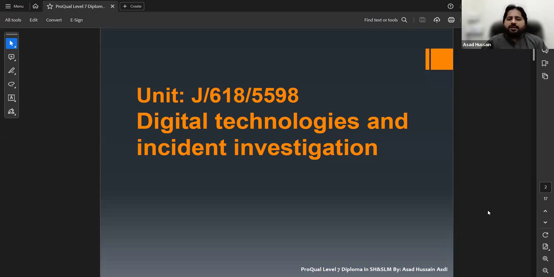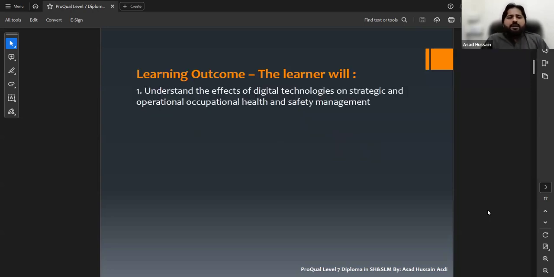each learning outcome. Moving forward, the first learning outcome, number one, is understand the effects of digital technologies on strategic and operational occupational health and safety management. As you know very well, this level 7 diploma is all about strategic health and safety leadership and management.